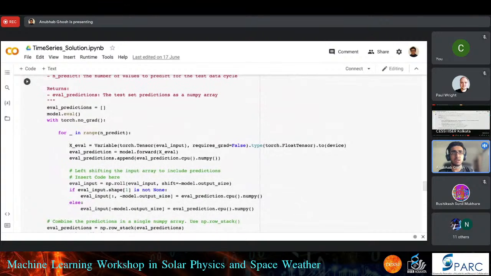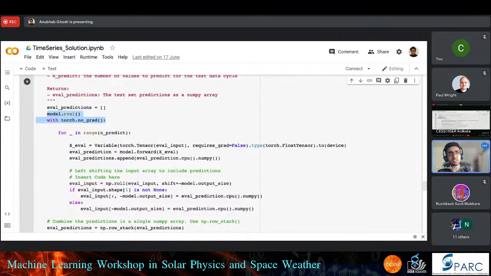And the important thing to note is that since this is a prediction function, in PyTorch, if you do not define this under this kind of block called with torch.no_grad, it can compute the gradients, which you don't want. Here you want only the function to evaluate, but not compute the gradients or do any sort of learning.